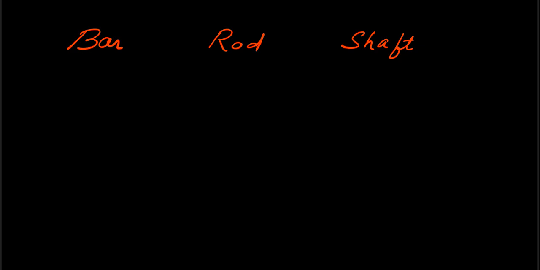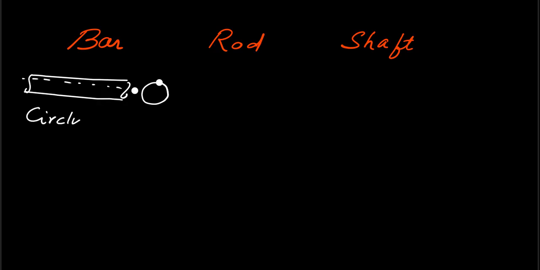If you try to understand here, if I take one bar element, its cross-sectional area, meaning the end when you see from the side view, can be circular or it can be non-circular also.